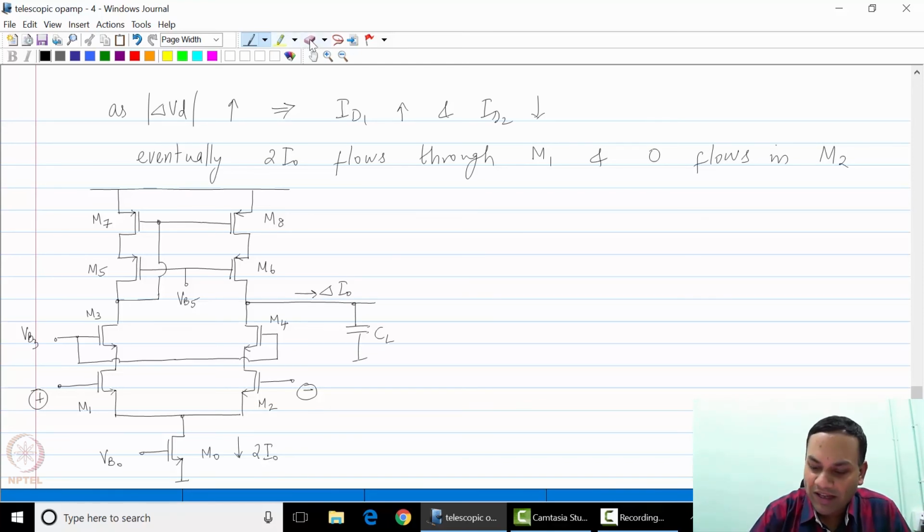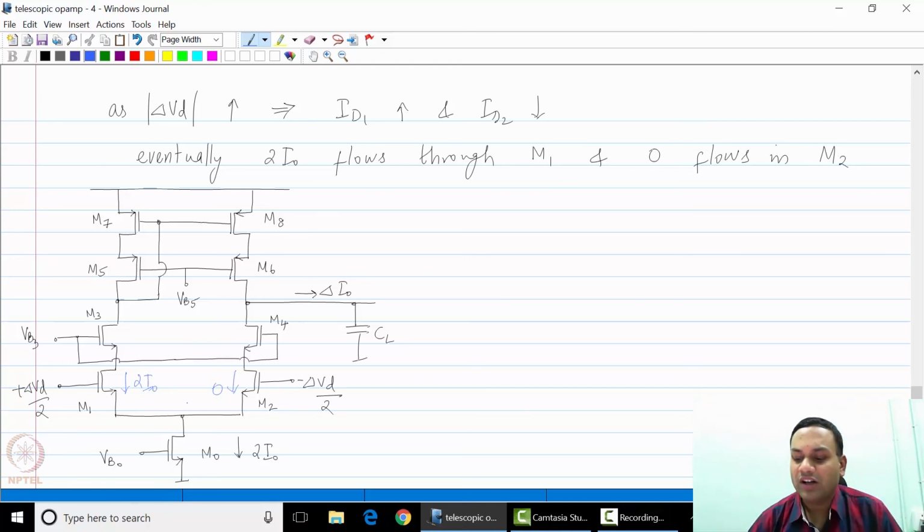If you were to apply a really large step at the input, you would have a current 2 I naught, and 0 current through M2 and M4, which would be cut off.